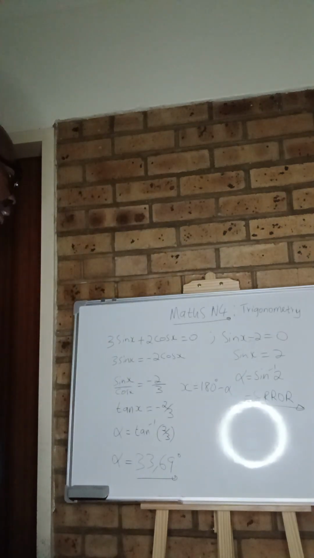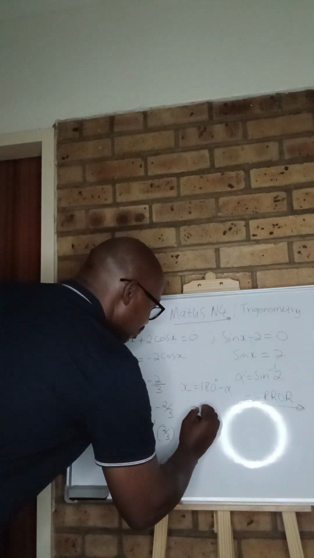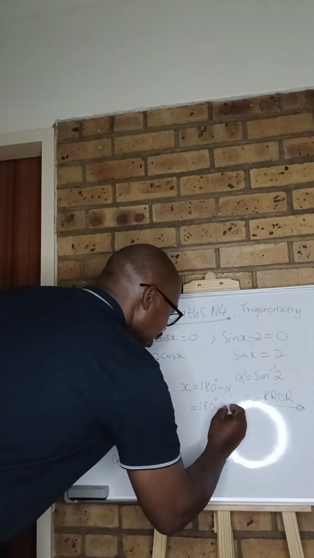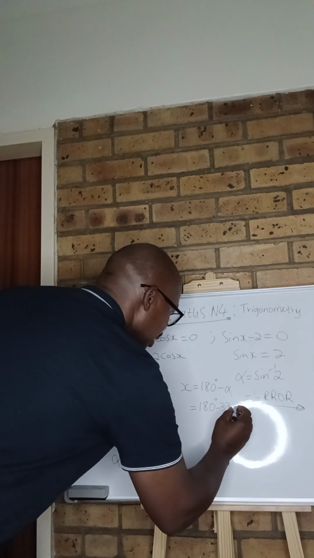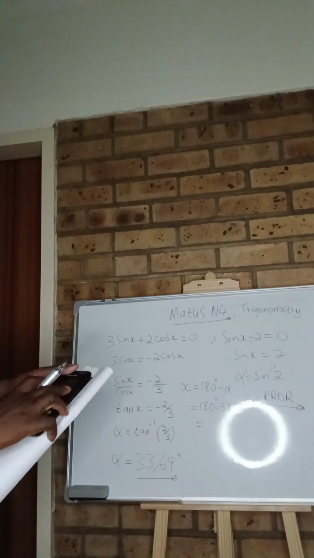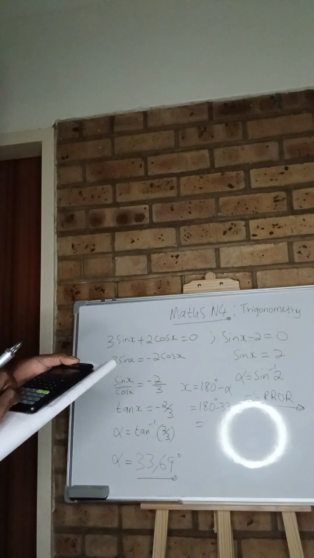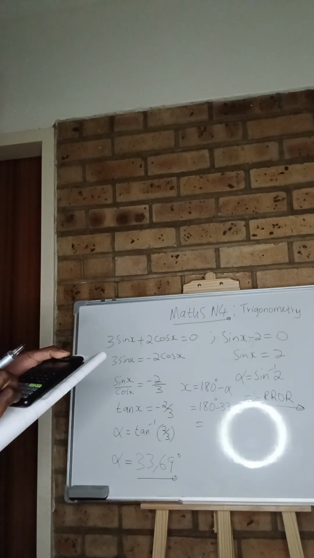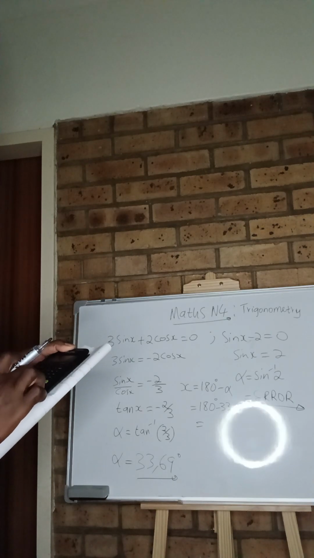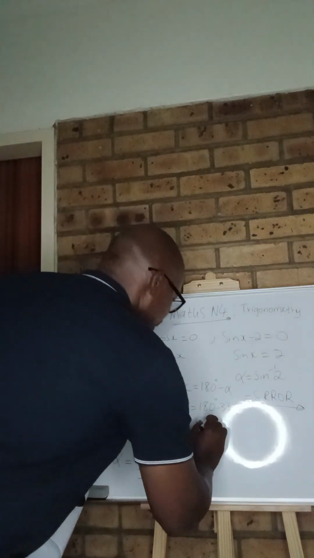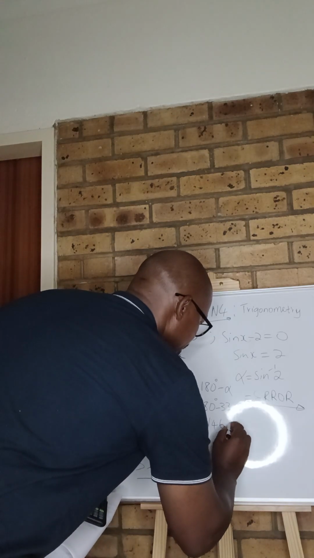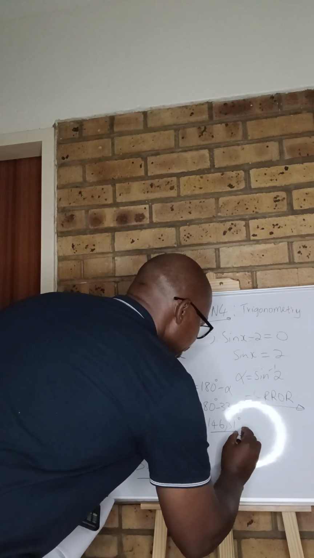Our alpha is a reference angle, 33.69. So 180 minus 33.69. Let's see what we get. We are getting 146.31 degrees. Okay, we get our x.